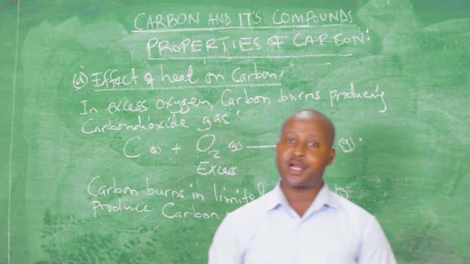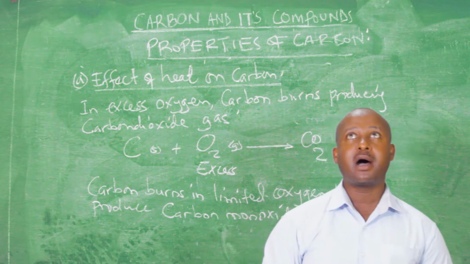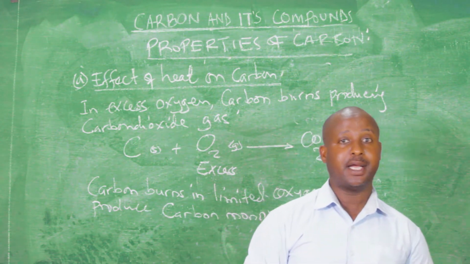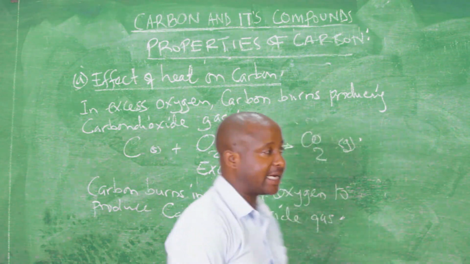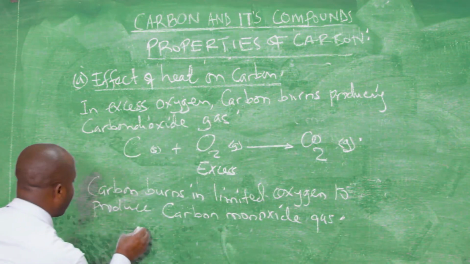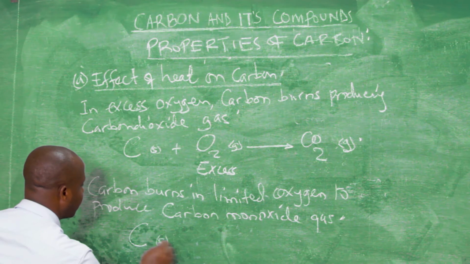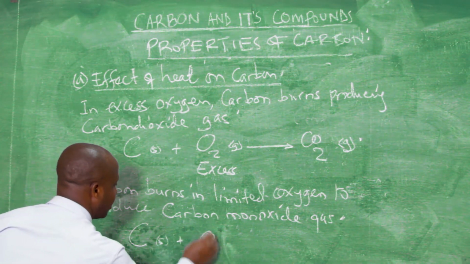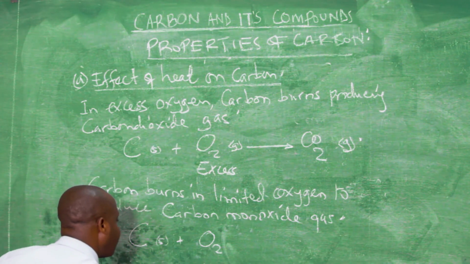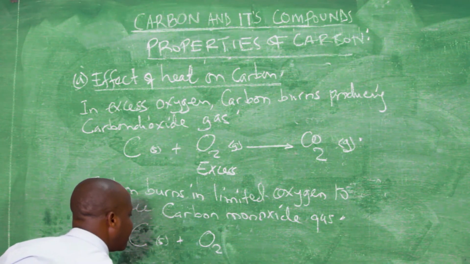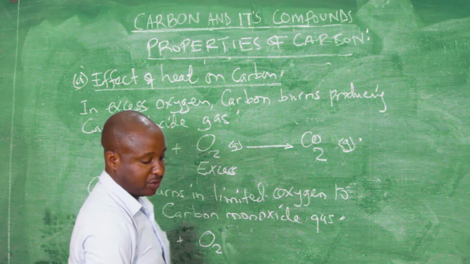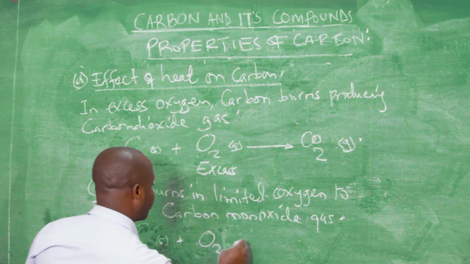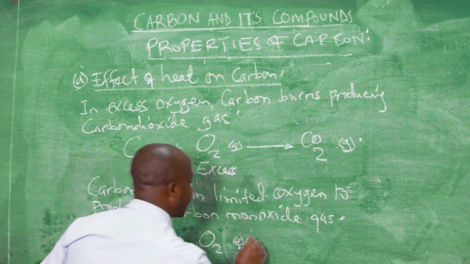Let's look at the equation of the reaction, how carbon reacts with limited amounts of oxygen to produce carbon monoxide gas. 1 mole of carbon in a solid state reacts with 1 mole of oxygen in little amounts, producing carbon monoxide gas.